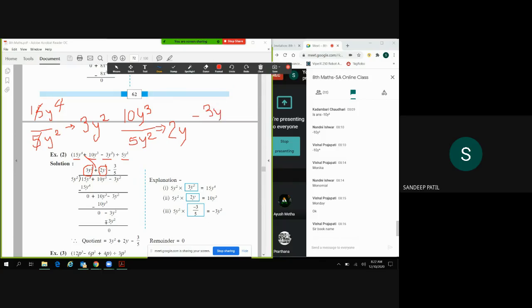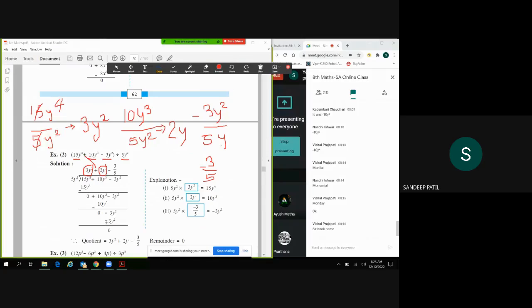So again, the last term is minus 3y square divided by 5y square. If we divide the constant term, minus 3 divided by 5, we may not get a clean answer. So we will keep minus 3 divided by 5 as it is, because we don't know the answer.